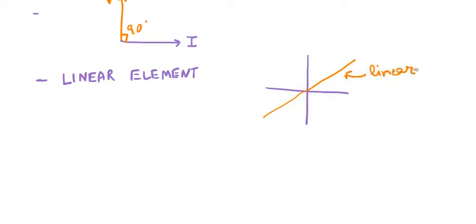It gives a linear graph between current and voltage.